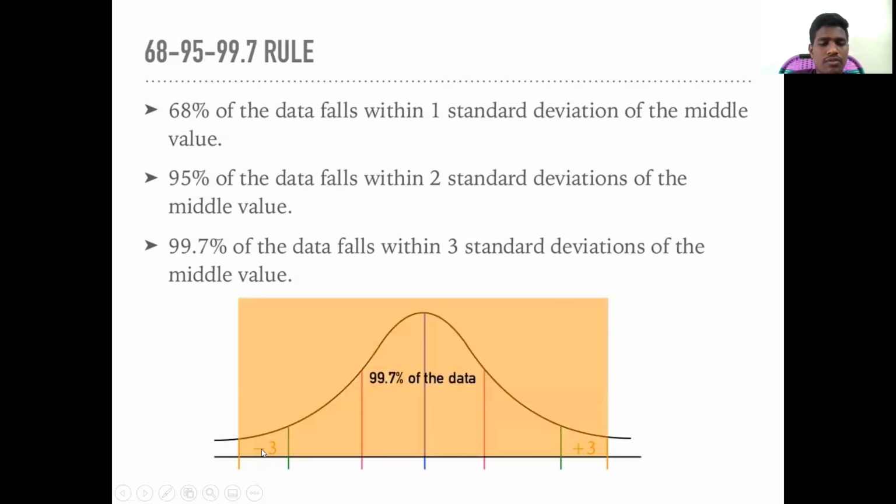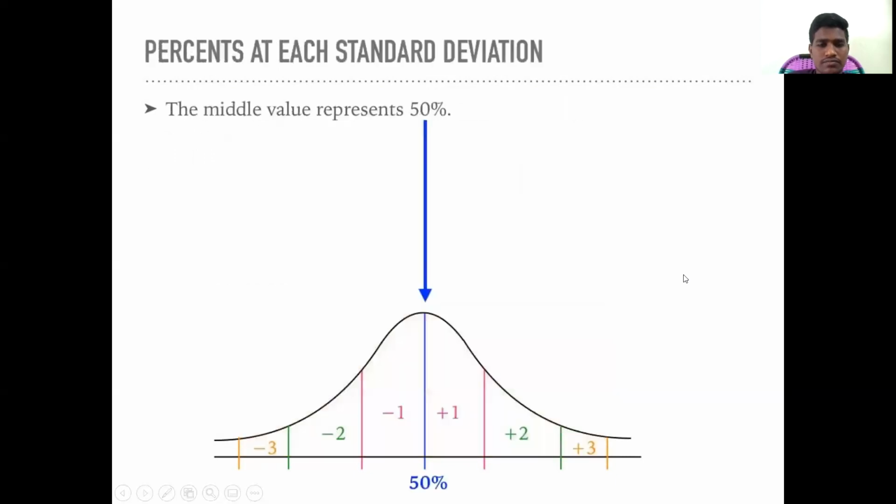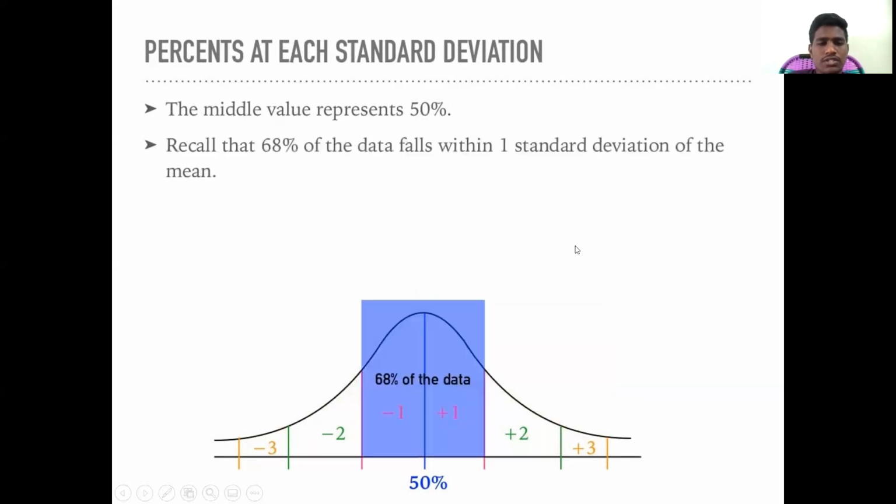Here from -3 to +3 it covers 99.7% of the total area. The middle value represents 50%, meaning from the middle, the left side is 50% and the right side is 50%.